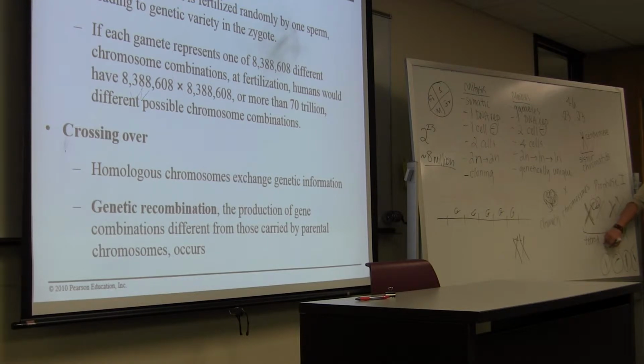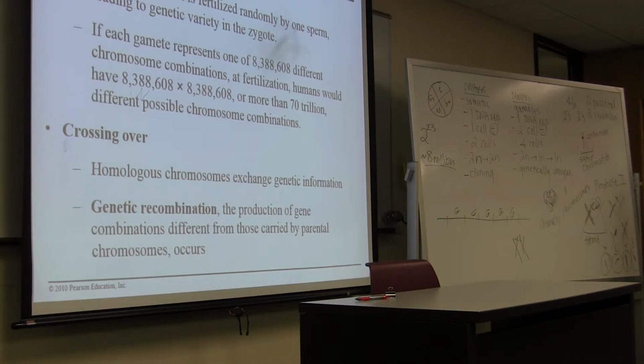So that would be this guy and this guy. And then the other 2 guys, these are going to be the ones that swapped over pieces of their DNA. And so we call these guys recombinants. They're recombinants because their DNA was recombined.